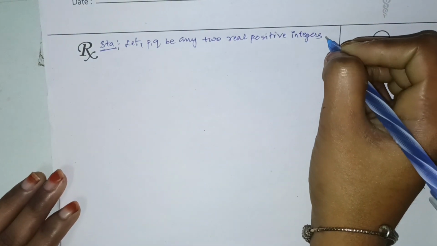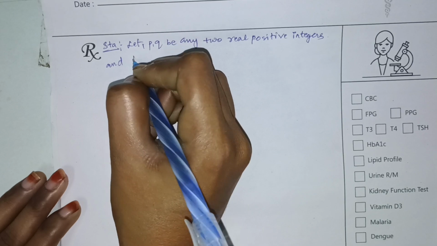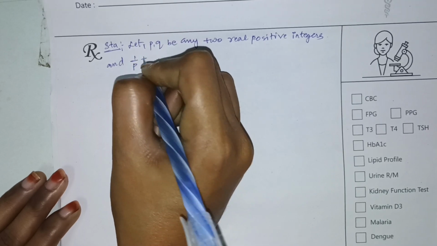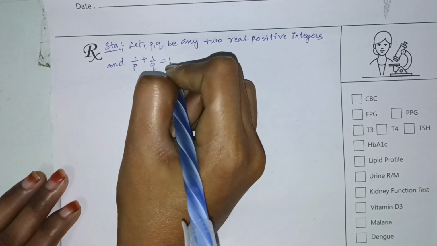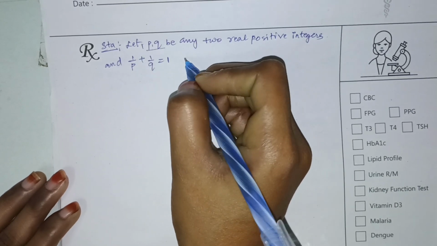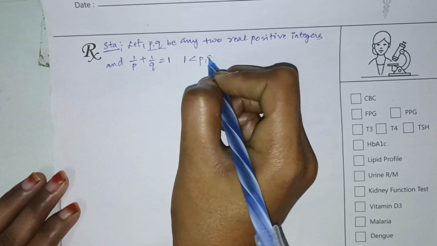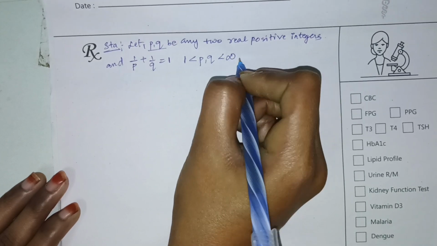Real positive integers and 1 by p plus 1 by q is equal to 1, and this p comma q always lies between 1 and infinity. Therefore 1 less than p comma q less than infinity.